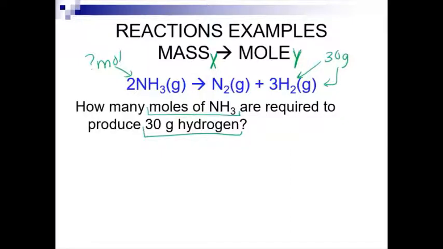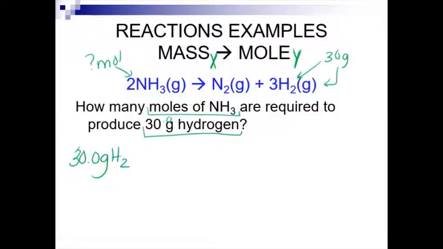Notice that you don't have to start with reactants and solve just for products. You can start with products and solve for reactants. This would be useful to someone who needed 30 grams of hydrogen and wanted to know how much ammonia they needed to start with. So, the given. Let's go ahead and make that 3 sig figs to make our lives easier. So, 30 grams of hydrogen.